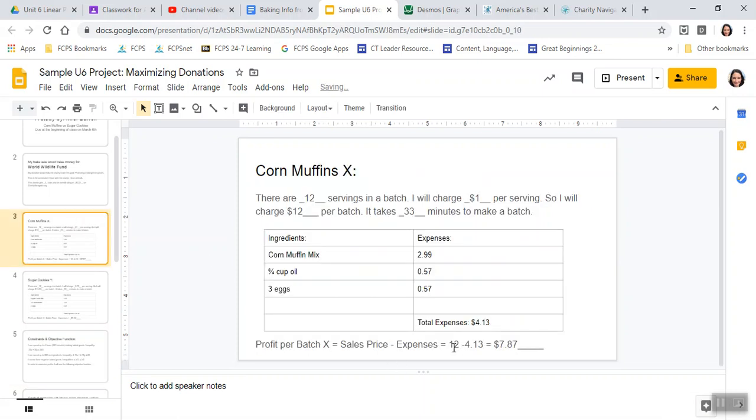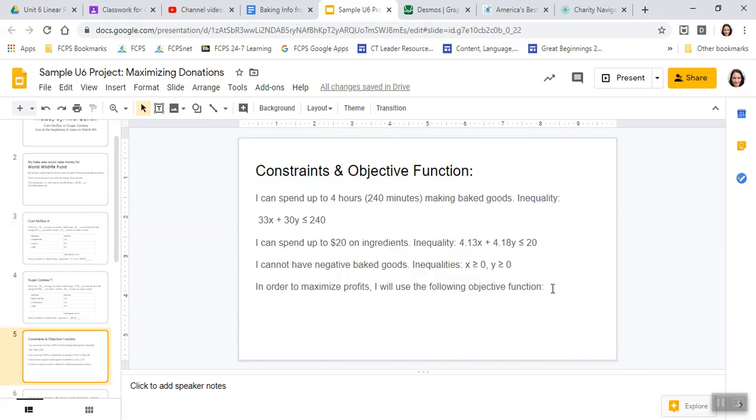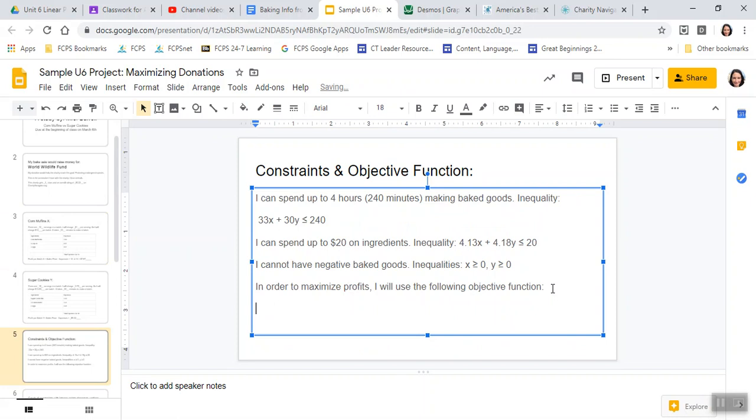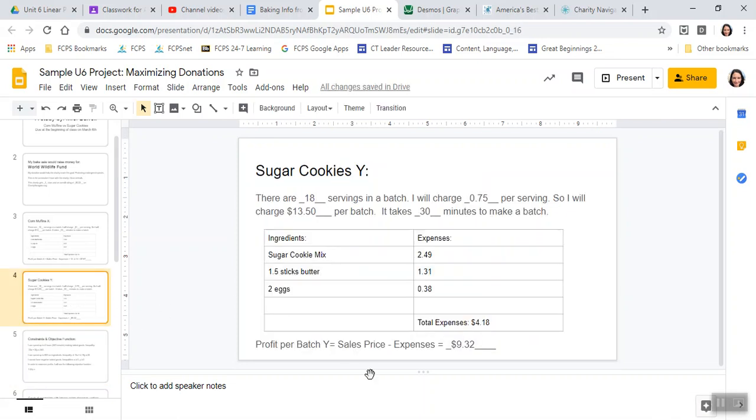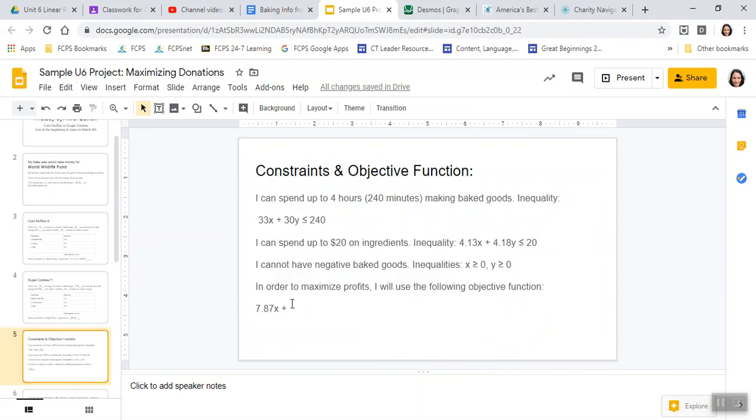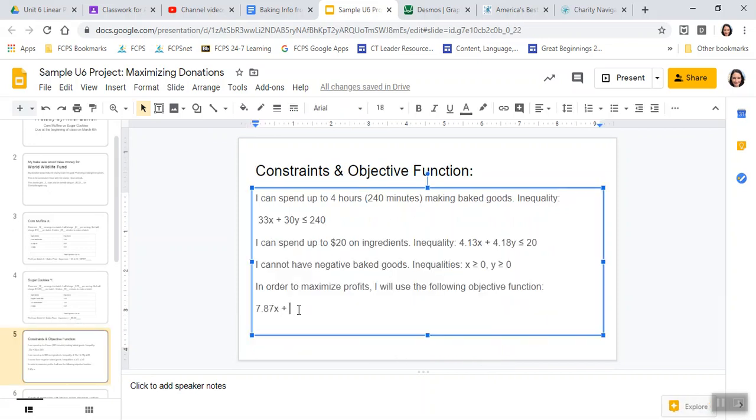The profit from corn muffins is $7.87 times X batches of corn muffins, and the profit from sugar cookies is $9.32 times Y, and that's going to equal my profit, so I'll put equals P, profit.